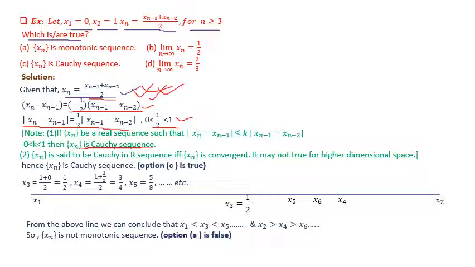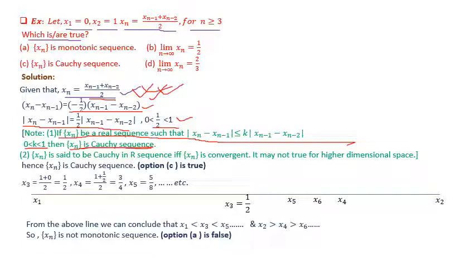You have to remember this short note: if xn is a real sequence such that mod of (xn minus xn minus 1) is less than or equal to k times mod of (xn minus 1 minus xn minus 2), where k lies within 0 to 1, then the sequence xn is a Cauchy sequence.